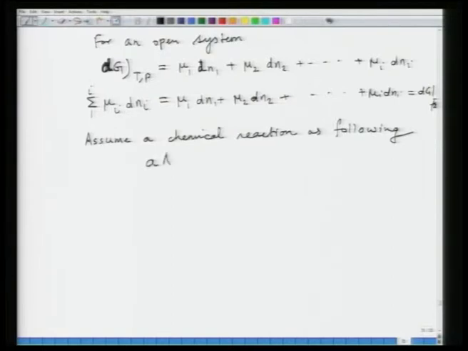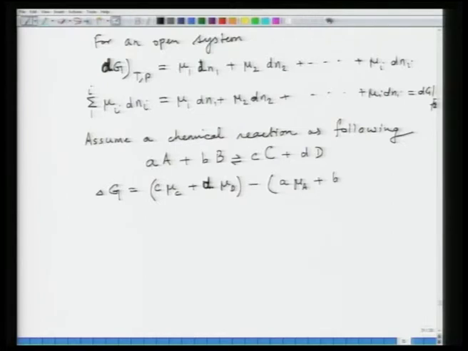Let us say a moles of A, capital A, plus b moles of capital B react together to form c moles of capital C plus d moles of capital D. So, the free energy change, delta G, can be written as c of mu C plus d of mu D, this is the product, minus the reactant, a of mu A plus b of mu B. So, this is the net free energy change.